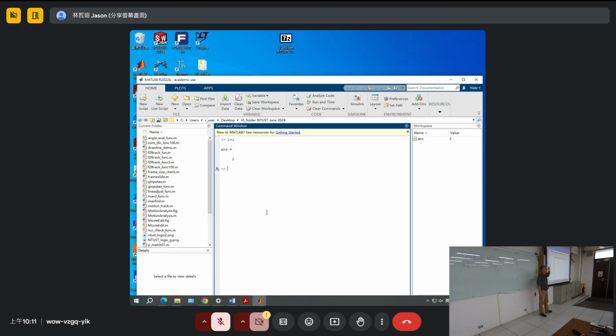Are we here? After you start MATLAB, this part is white, blank, because MATLAB didn't know where to go, which folder to grab and look into. So we have to tell MATLAB, please look at this folder. To do so, you have to come here.